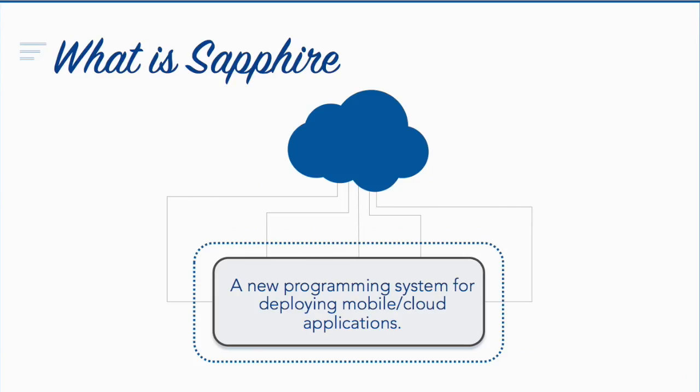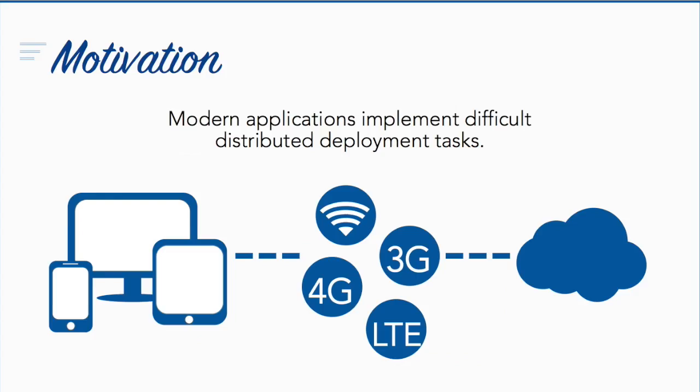What is Sapphire? Sapphire is a new programming system for deploying mobile cloud applications. The motivation behind it is that modern applications were difficult to implement in distributed systems.